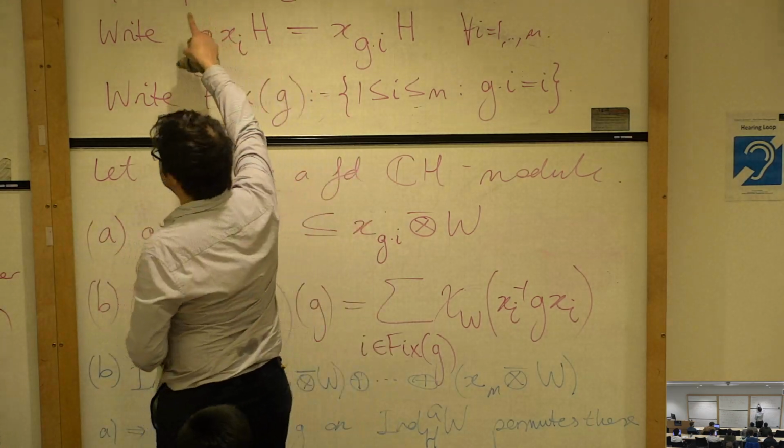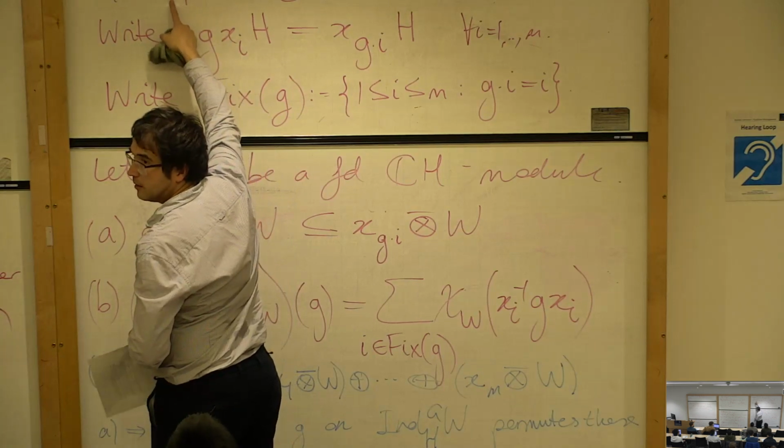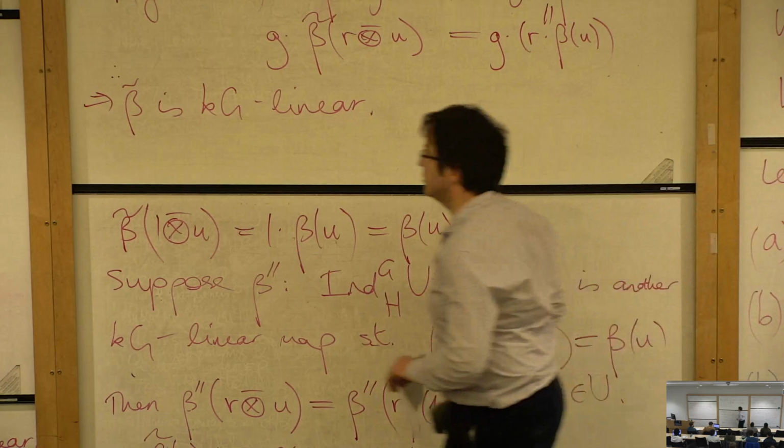Right, so now I'm going to write down the invariant version of 6.14, which does not depend on the choice of a coset representative.